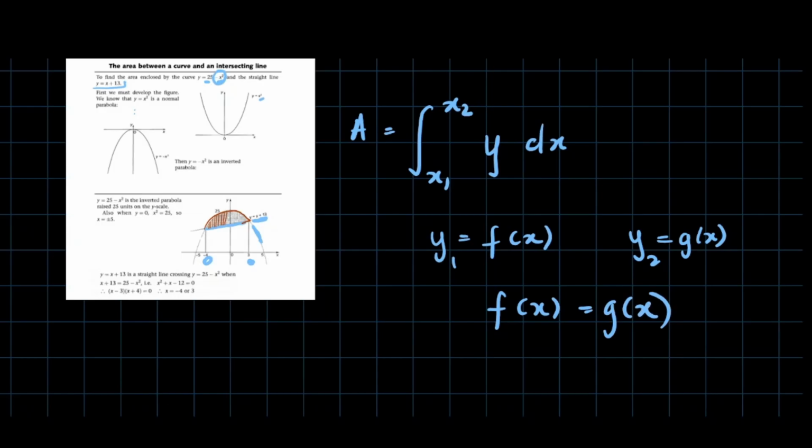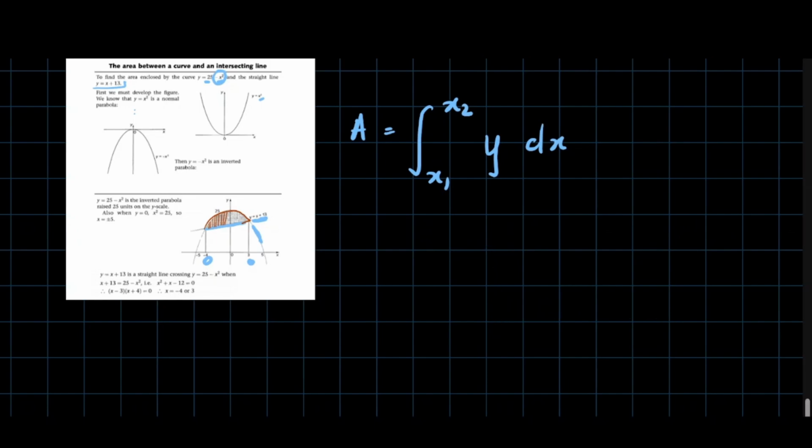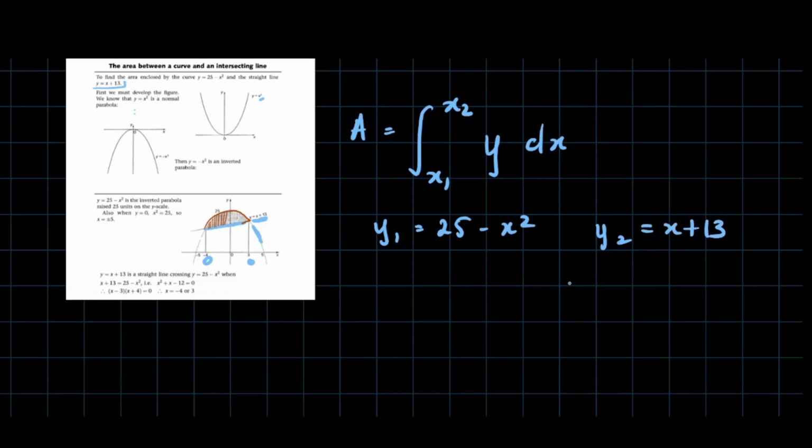What are the equations we have in this case? y1 is equal to 25 minus x squared and y2 is equal to x + 13. Equate the two: 25 minus x squared equals x + 13. Simplify this and you get x squared + x minus 12 equals 0.